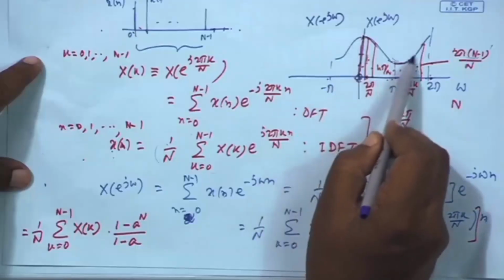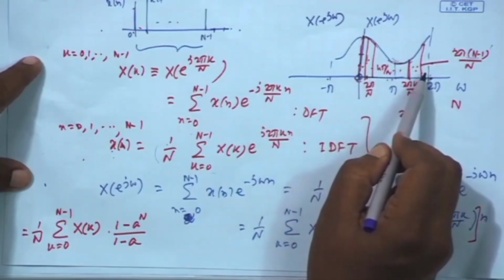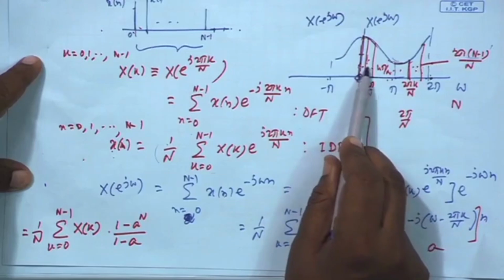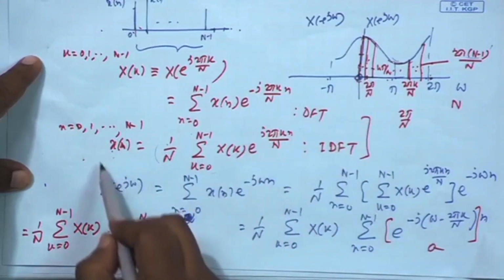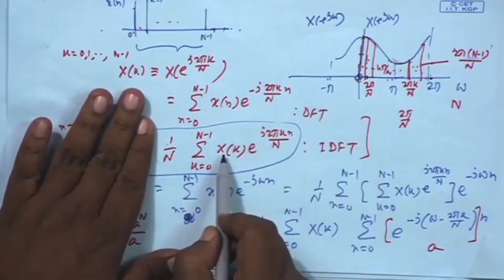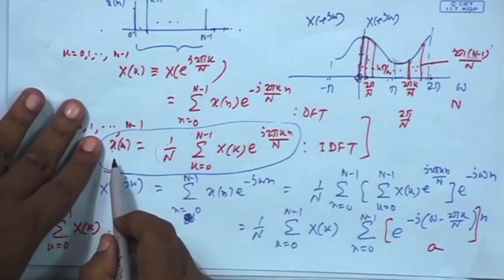Then another question: suppose some DTFT is given, I take these N number of samples, capital X k, that is capital X 0, capital X 1, capital X 2, and then put them in this formula, right hand side, and I get a sequence x n.